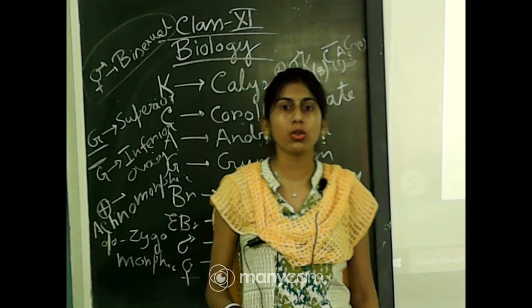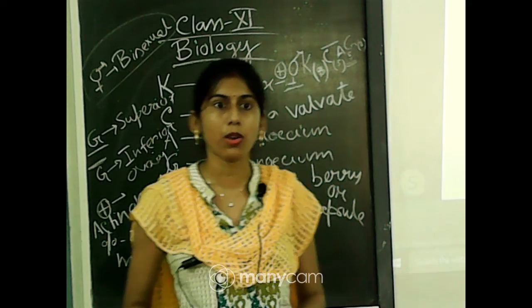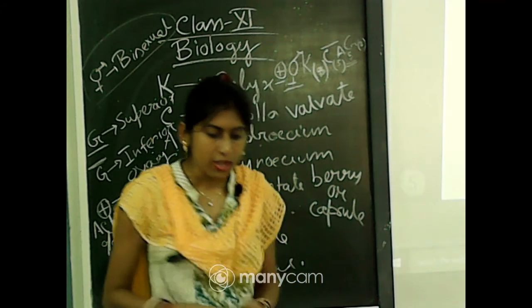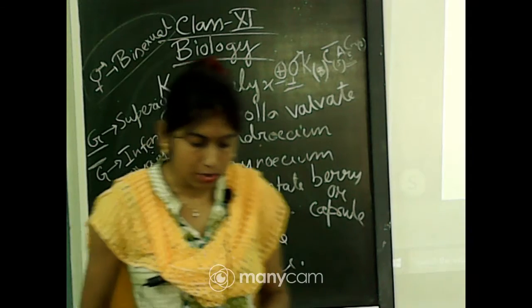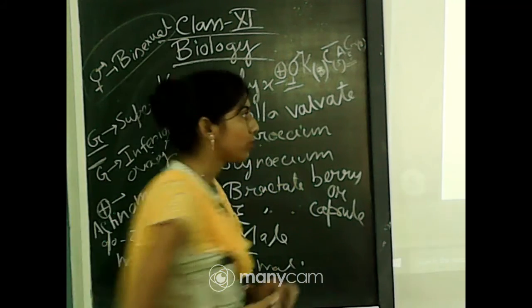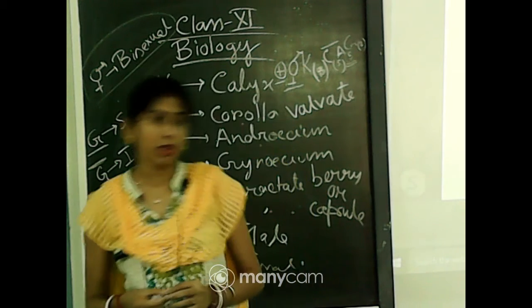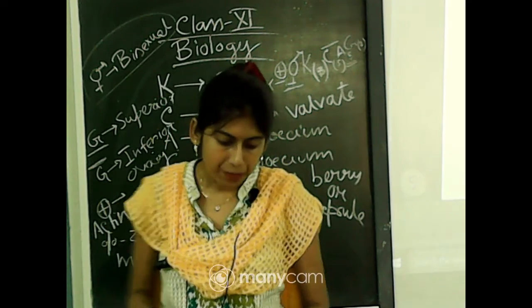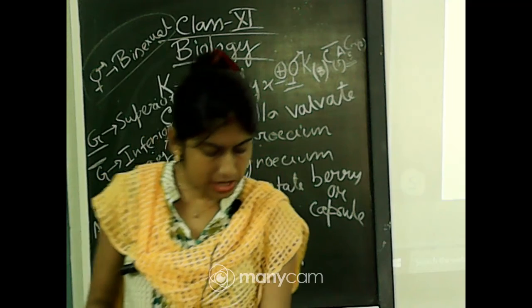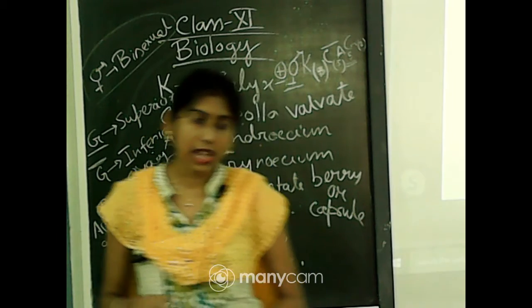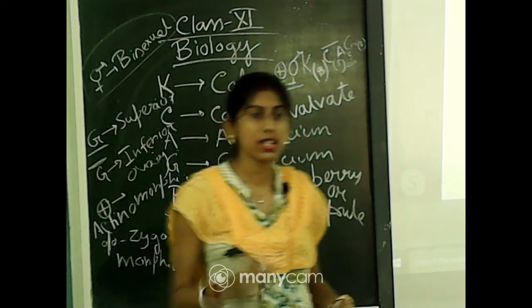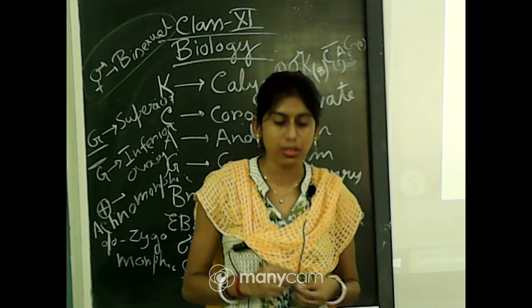Now, we will know the economic importance of this family. Many plants belonging to this family are a source of food, as we know that potato is a storage part modified for storing food. So, tomato, brinjal, potato are used as food, and brinjal and tomato are all under Solanaceae family.